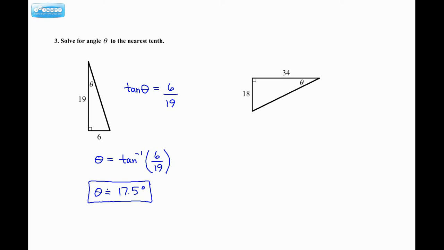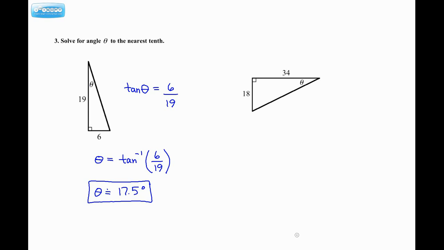That seems reasonable for the picture. And though the question doesn't ask for it, now that I know what this angle is, I could determine this third angle simply by taking 180 minus 90 minus 17.5, and that would give me this angle left over.